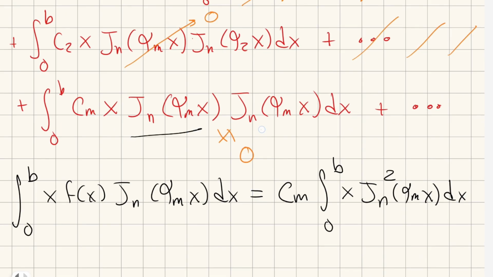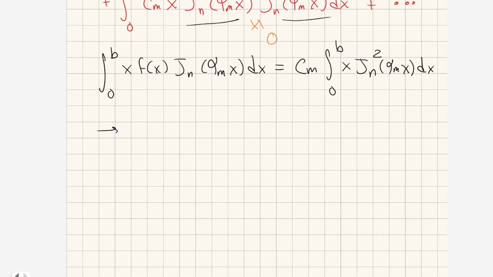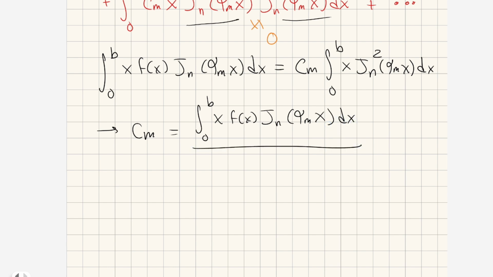Because these functions are equal. Okay? So with this, we can say that cm is equal to the integral from 0 to b of x f of x Jn alpha m x dx divided by the integral from 0 to b of x Jn squared of alpha m x dx.